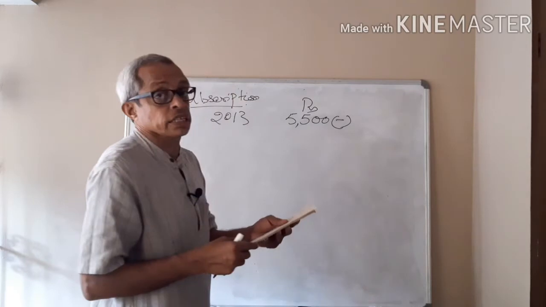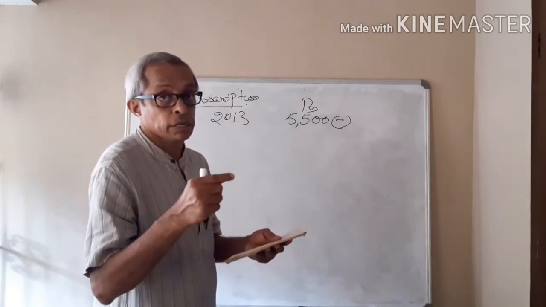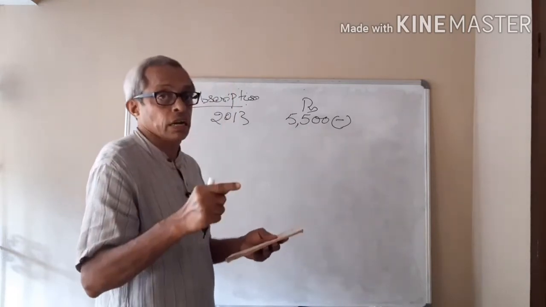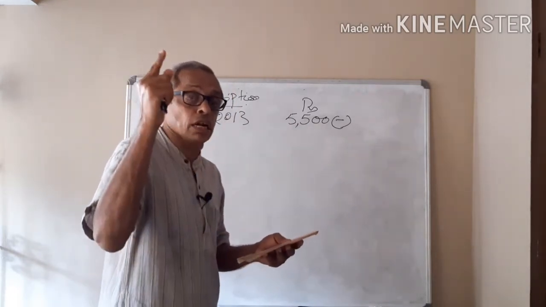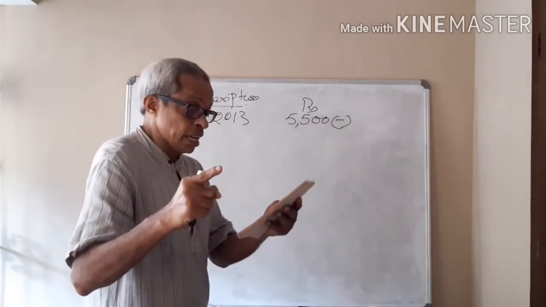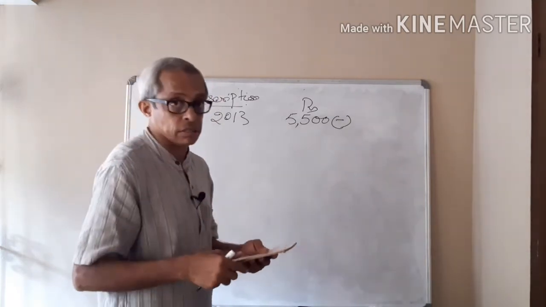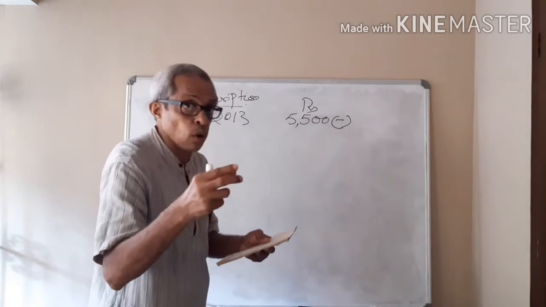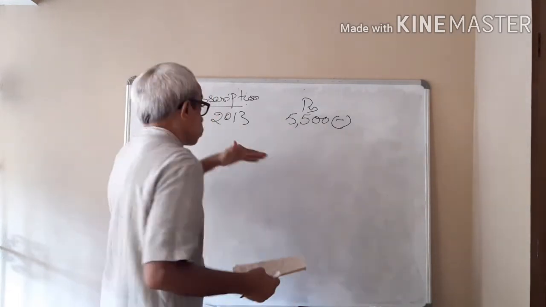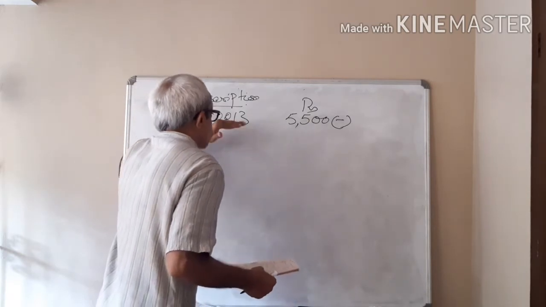So the current year's subscription receivable, that is subscription accrued but not received during the year, that is subscription receivable or accrued on closing date, is rupees 600. That amount needs to be added to the subscription amount of 2013.